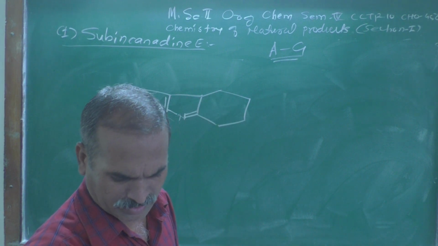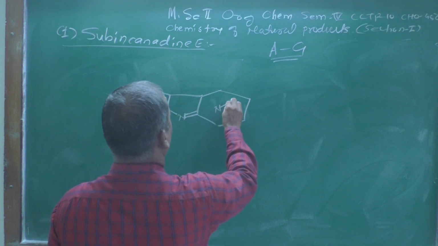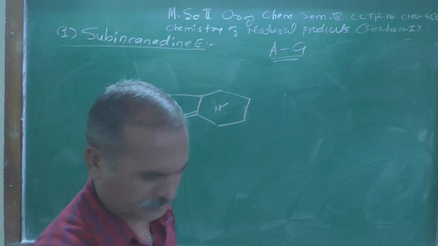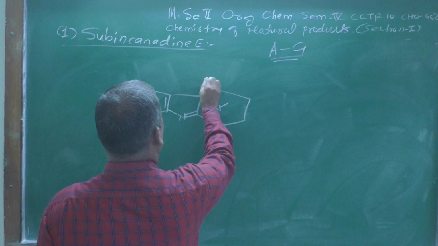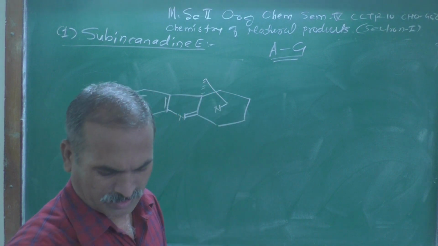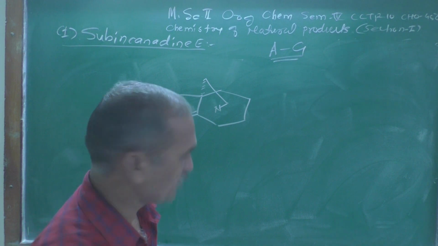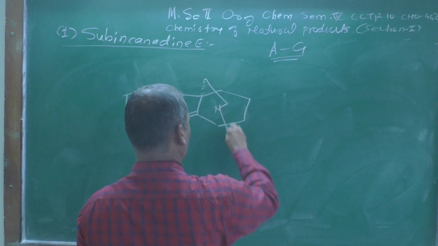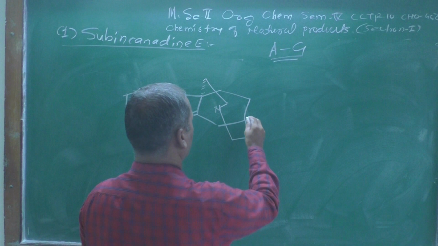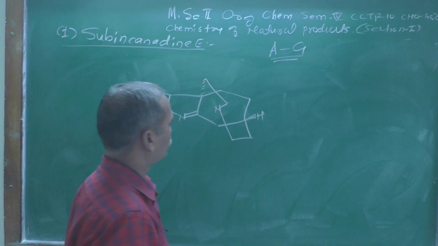Now here one of the nitrogen atoms is shown like this, and this nitrogen further is shown over here like this. There is one hydrogen atom which comes out of the plane.